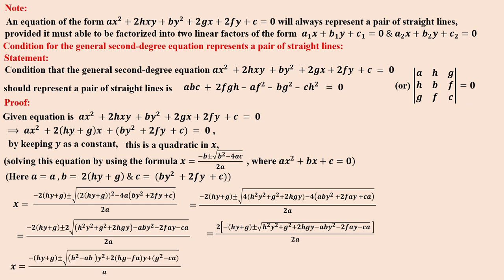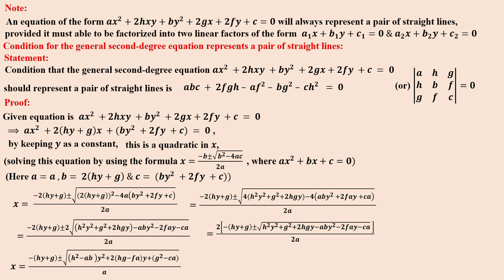Therefore x = (-(hy + g) ± √...) / a, grouping the y² terms: h²y² and -aby², that is (h² - ab)y².